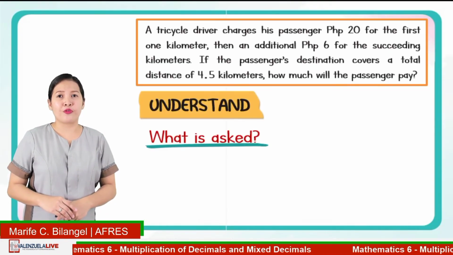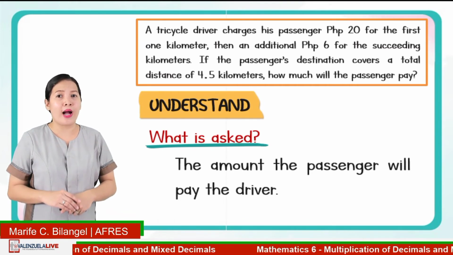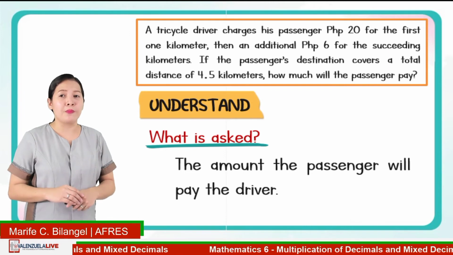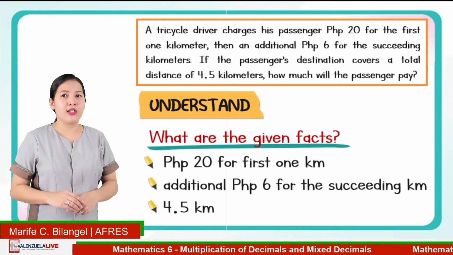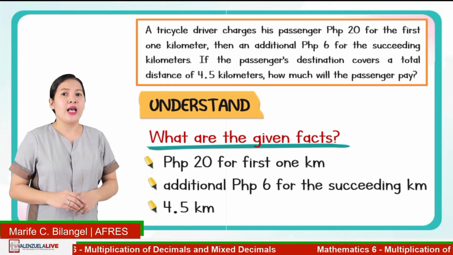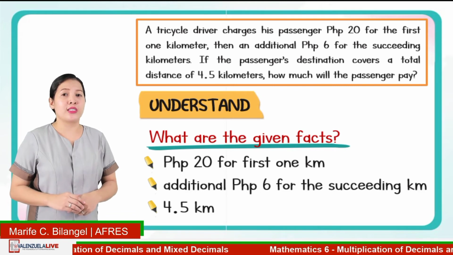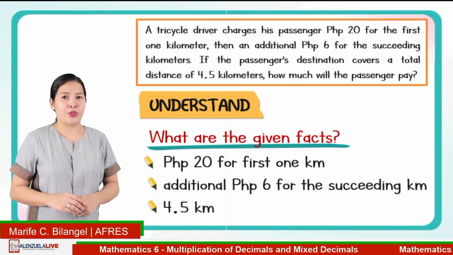Let us identify what is asked in this problem. So what is asked in this problem is the amount the passenger will pay the driver. Next, the given facts are 20 pesos for the first 1 kilometer, an additional 6 pesos for the succeeding kilometers, and 4.5 kilometers.